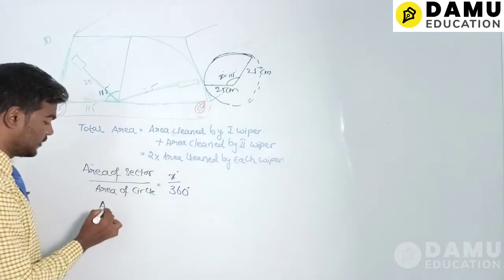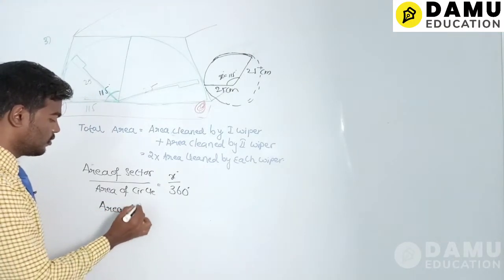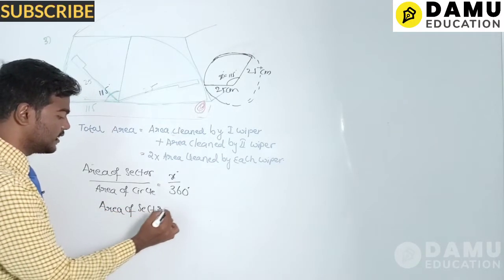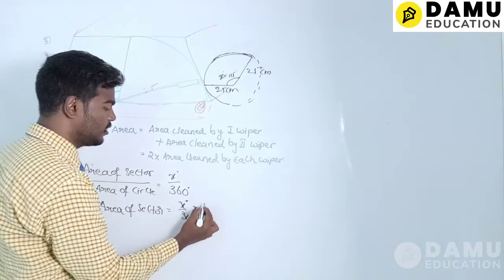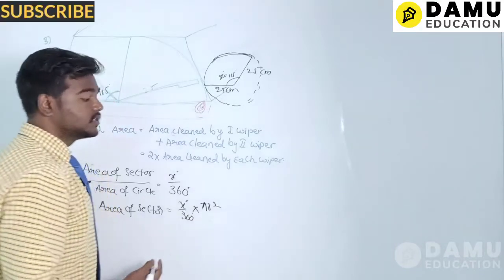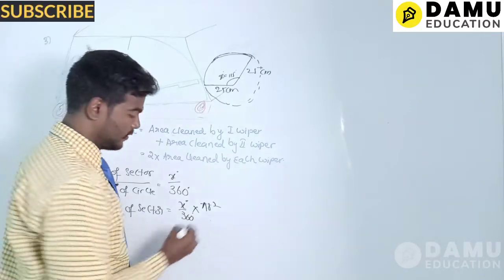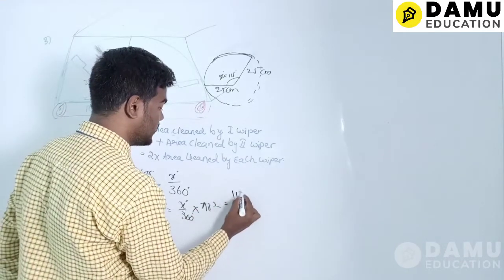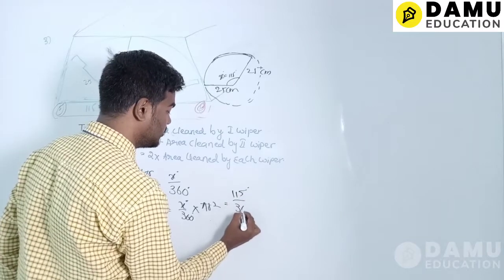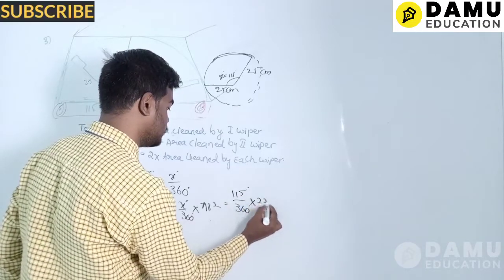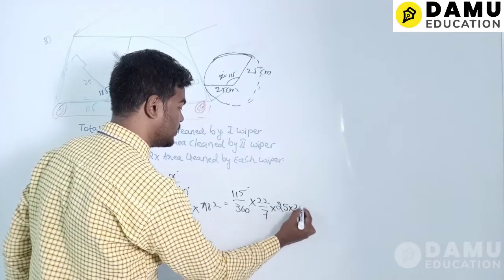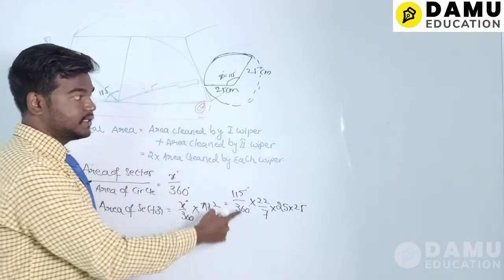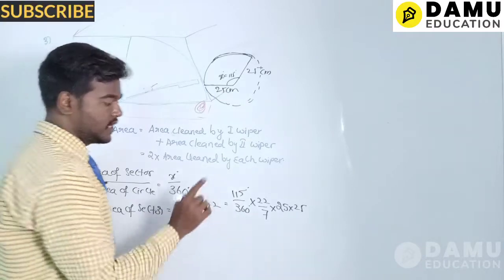So the area of the sector will be equal to x degrees by 360 degrees into the area of the circle, which is pi r squared. We take pi as 22 by 7. So with x as 115 degrees, it is 115 by 360 into 22 by 7 into r squared, where the radius is 25 centimeters, so 25 into 25.